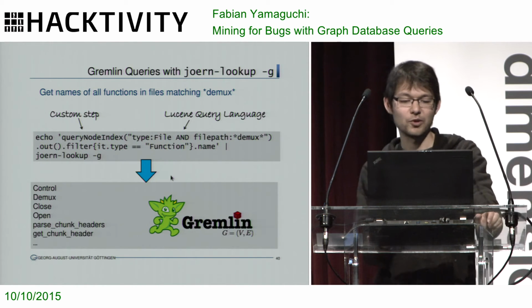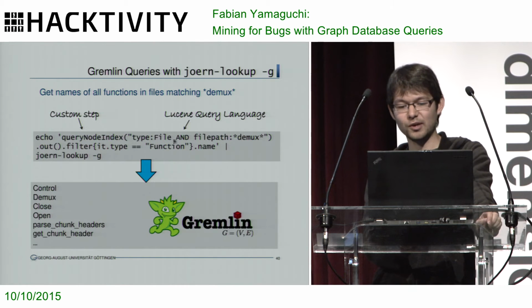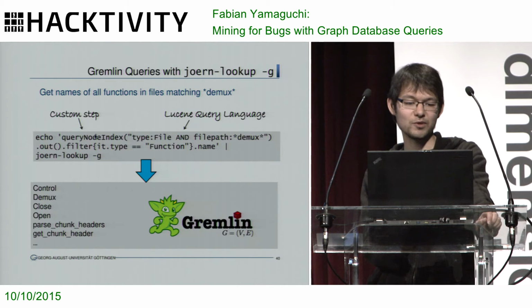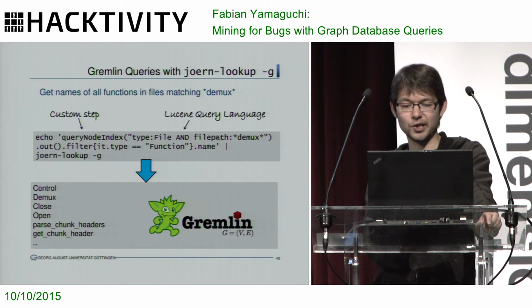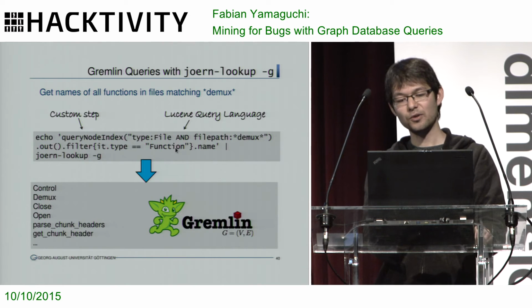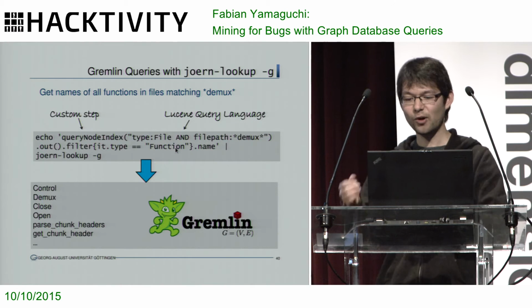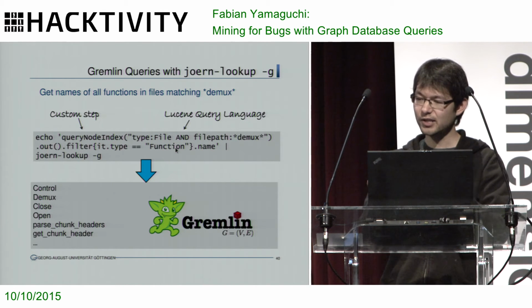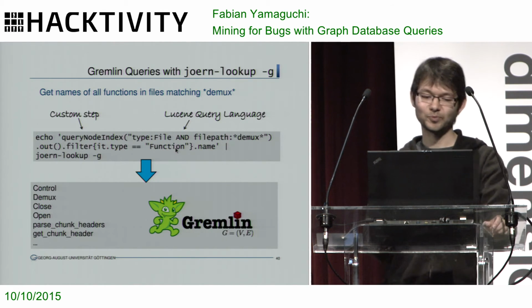All of this is possible. So we put this type as file and file path dmux into one of these custom steps that we defined, which is called query node index, which would just execute this Lucene query. And from there on, we follow outgoing edges and take only those which are labeled as functions. So suddenly, you have all the functions inside files called dmux, right?